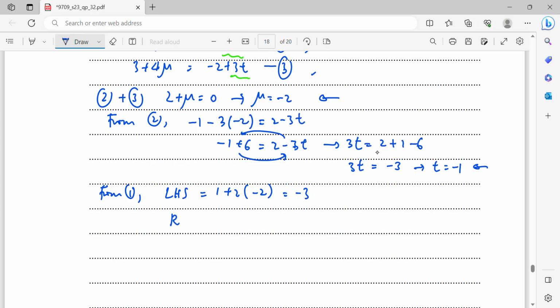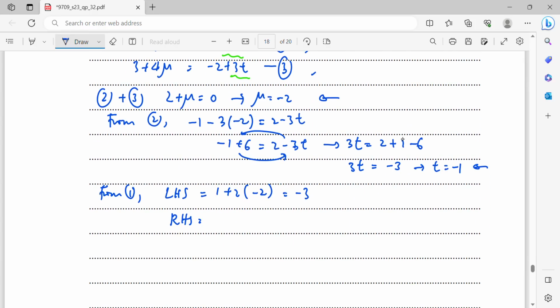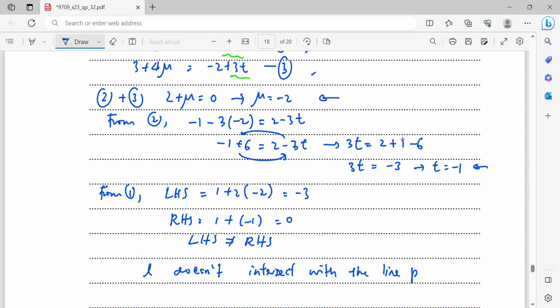But the right hand side will be 1 plus t, and t is minus 1. So now I get left hand side different from right hand side. When they are different, it means that L does not intersect with the line passing through A and B.